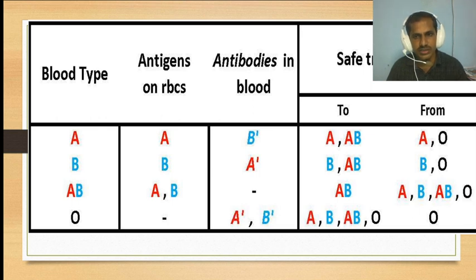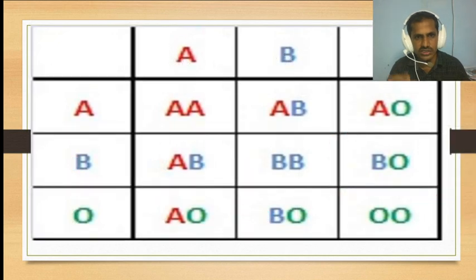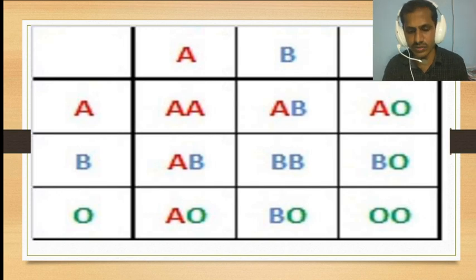Among the blood groups A, B, AB, O, the O blood group person is the universal donor and the AB blood group person is the universal acceptor. The possible blood groups of children: A person can get A, B, A, O; B person can get B, O; O person can get A, O, B, O, O, O.